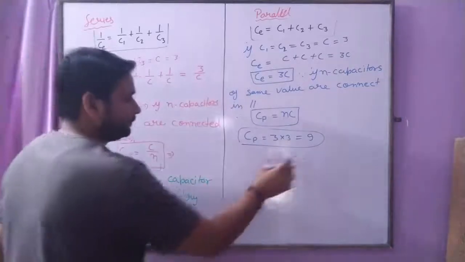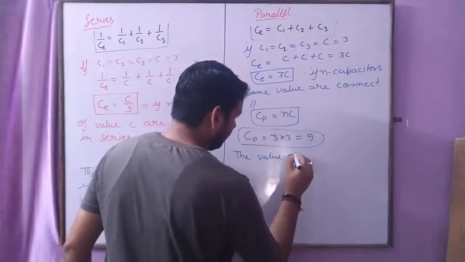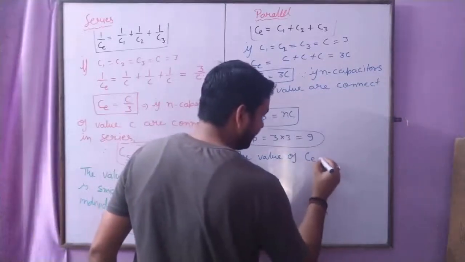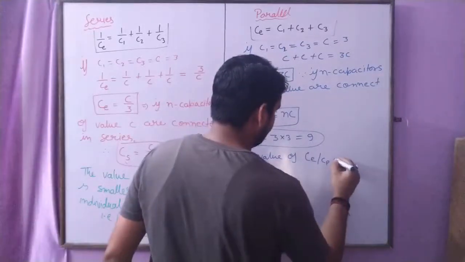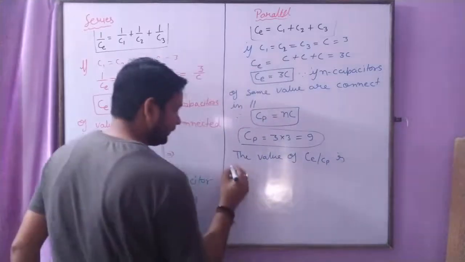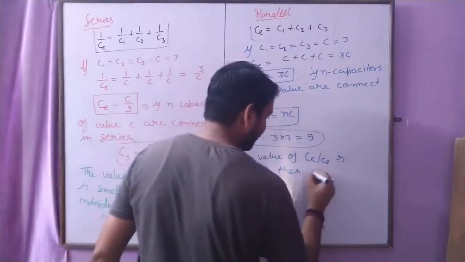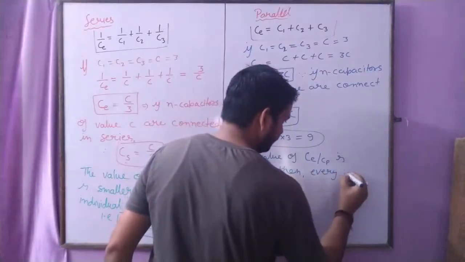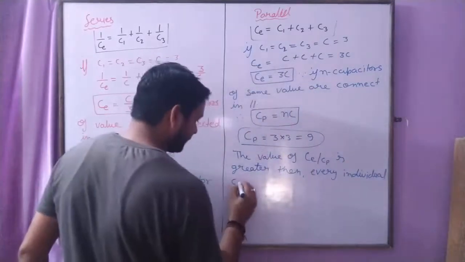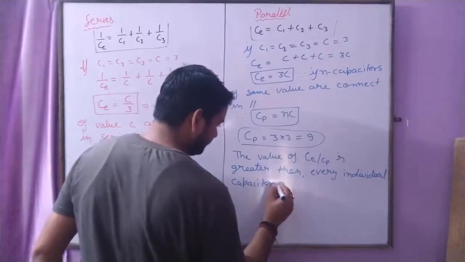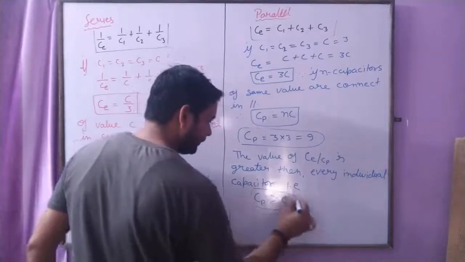It is very clear: the value of the equivalent capacitor in parallel is greater than every individual capacitor, that is, C parallel is greater than every C.